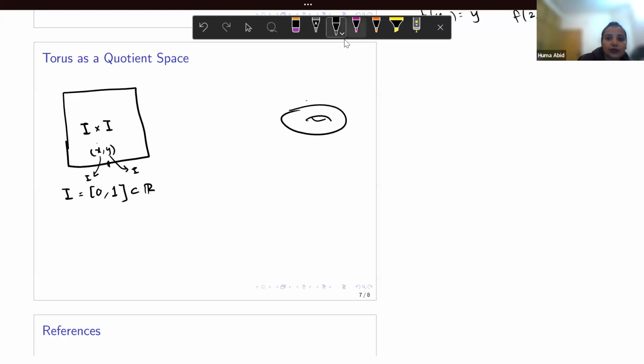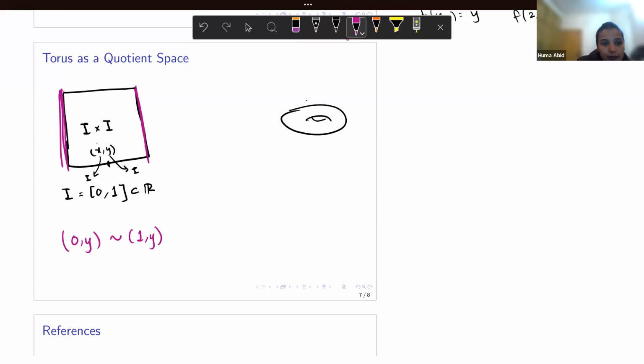In order to define some equivalence relation where this edge would be identified with this edge, what you say is 0 comma y, which is all of the points on this edge, is the same as 1 comma y.